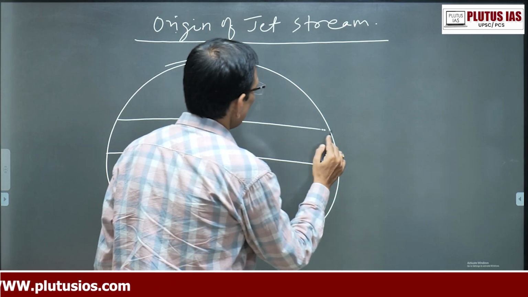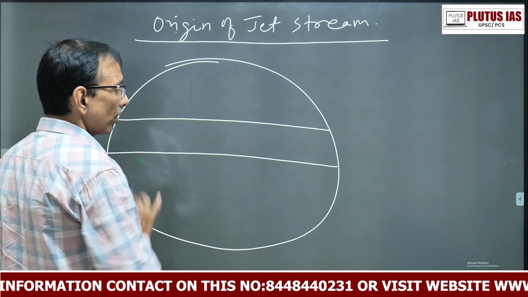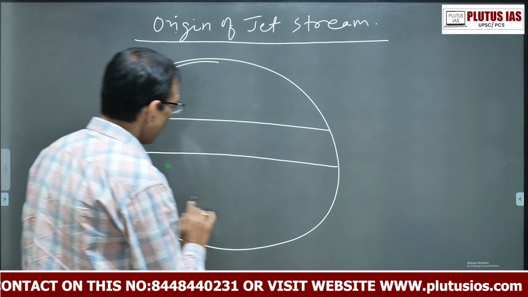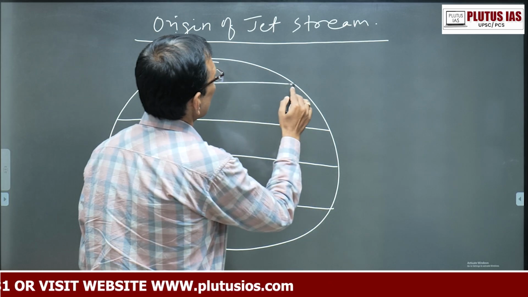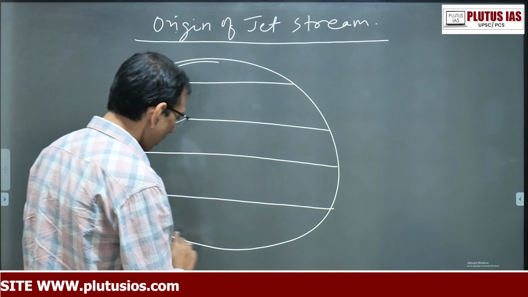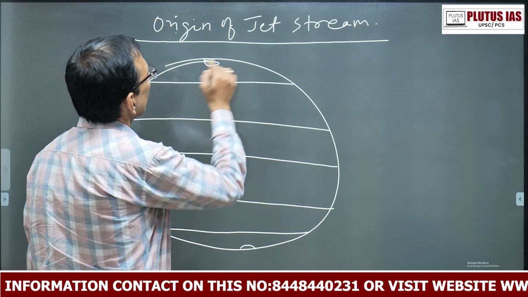Above that is 30 degree, or more or less between 20 to 30, Tropic of Cancer, then Tropic of Capricorn, then you have Arctic Circle, then Antarctic Circle, and then Polar Circle or pole.